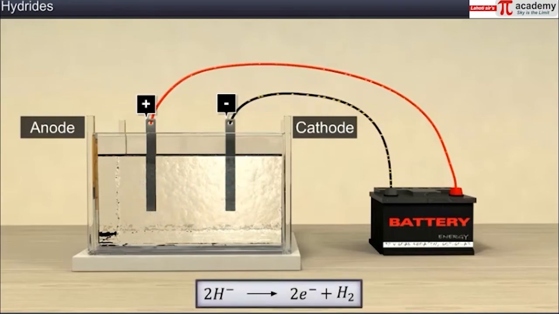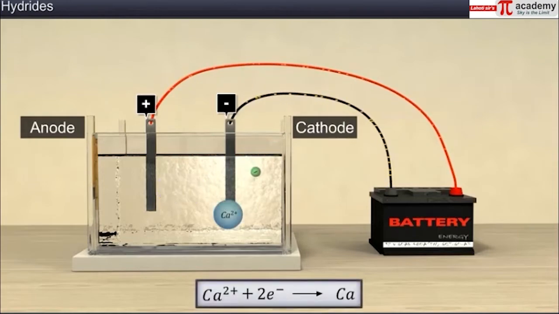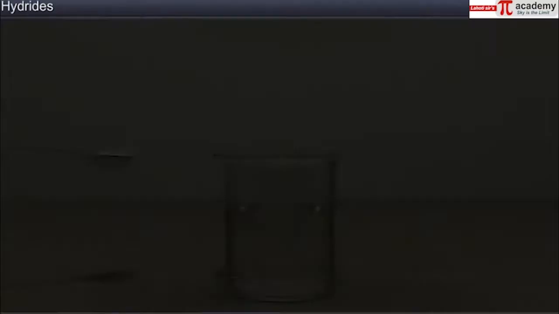At the anode, each of the two hydride ions combine to liberate dihydrogen gas and 2 electrons. This is an oxidation reaction. At the cathode, each calcium 2+ ion accepts 2 electrons to give calcium. This is a reduction reaction.